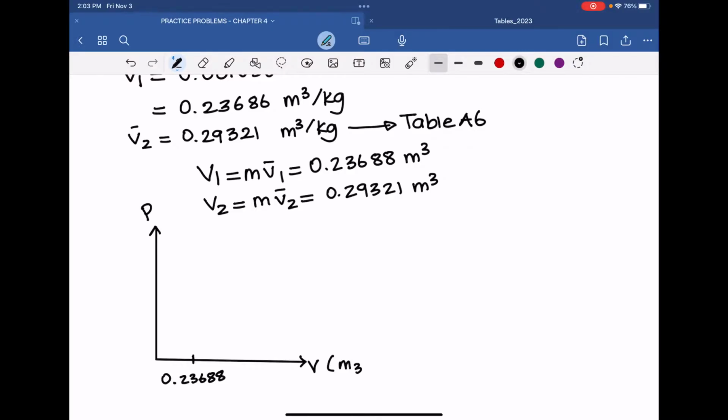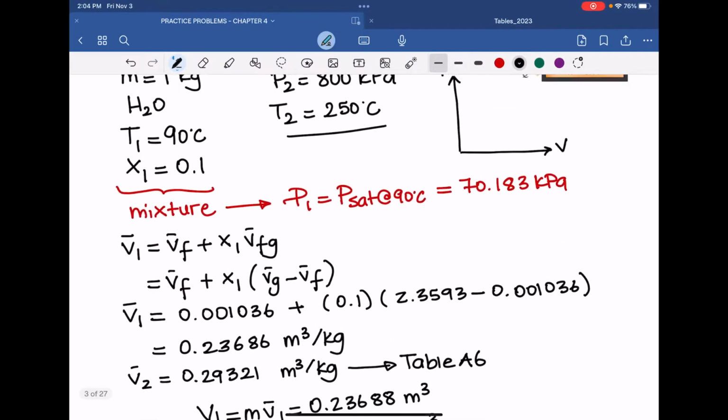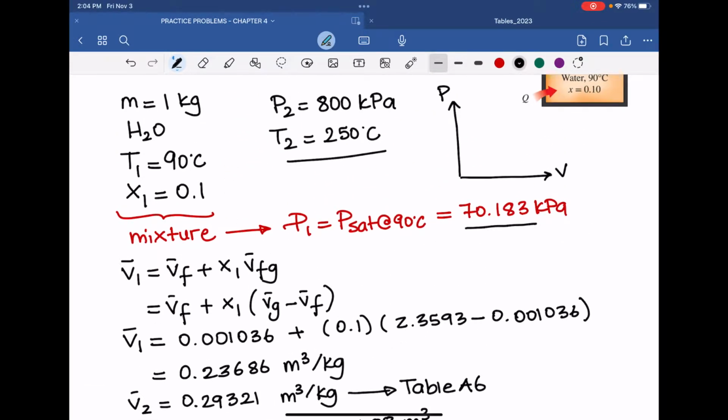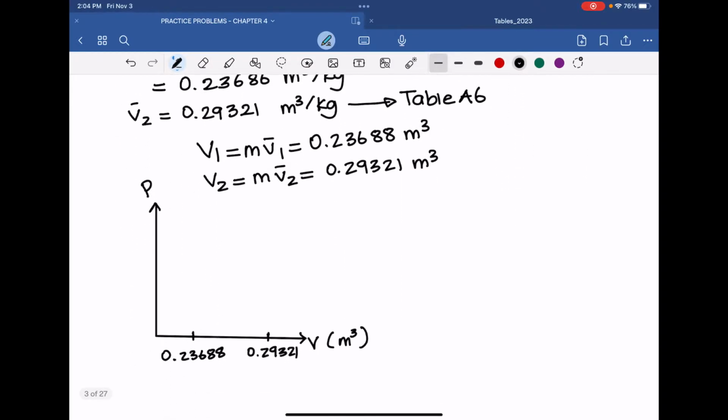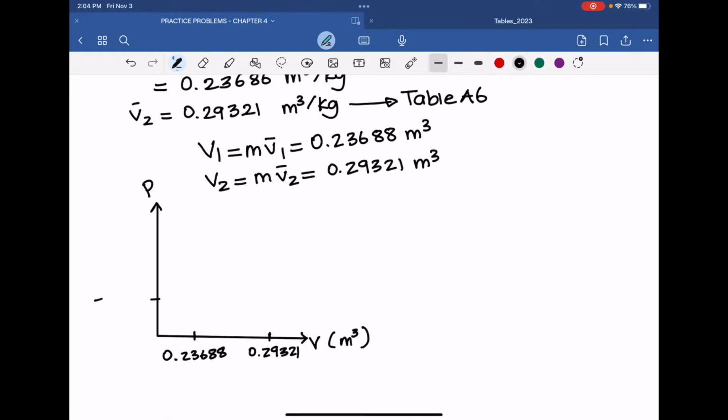Excellent. Then the volume increased to 0.29321, and the pressure, which we calculated or looked up from the table, was 70.183 kilopascal right there. This is our first state.